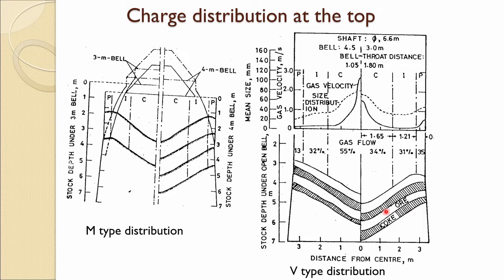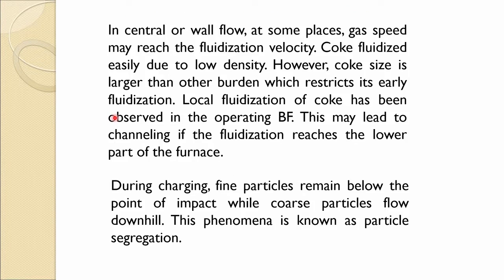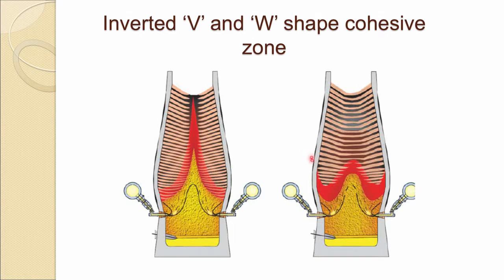So, we will show a bit about the charge distribution. As we said, this W shape of the cohesive zone, you get it when you have a bit of coarse charging near the wall.